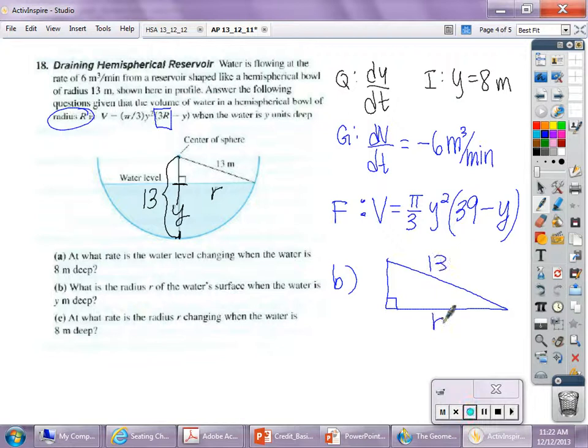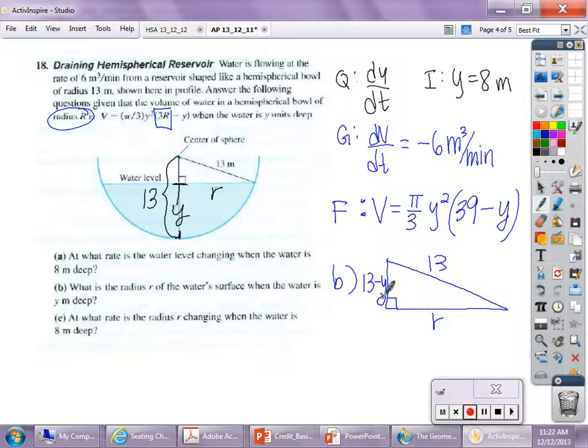We don't know this, but we can figure it out. Whole thing, 13. Little piece is y, therefore the other little piece has to be 13 minus y. Then it said, give the radius in terms of y. Can I make a formula based off of this? This one's obvious. What formula are we using? Definitely Pythagorean. We got a formula.